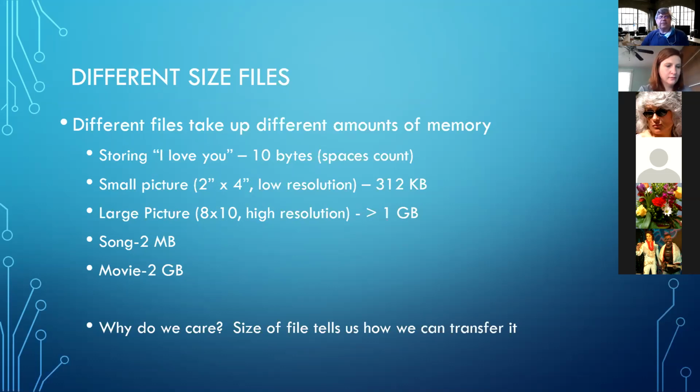They don't get much bigger than that. When you get bigger is when you start working on really publication grade stuff. Songs are roughly 2 to 3 megabytes, depending on the size of the song and the file format. And then movies can be big. Movies stored in their original form are about 2 gigabytes.